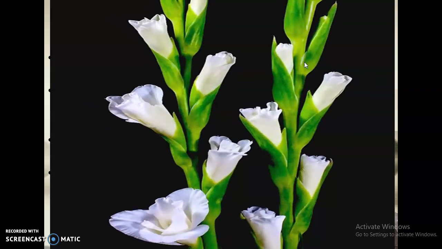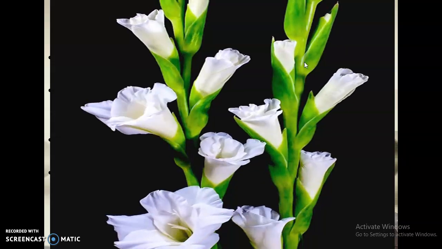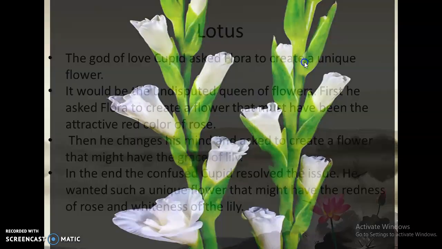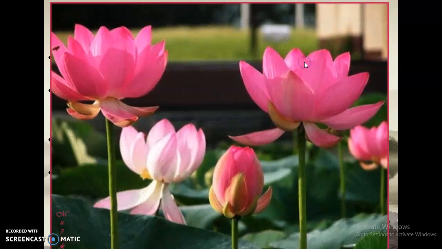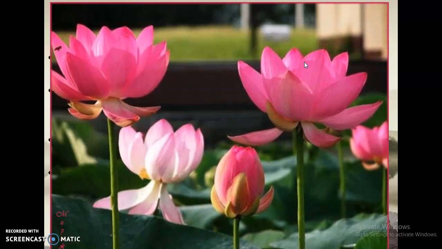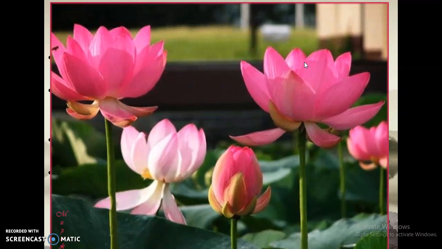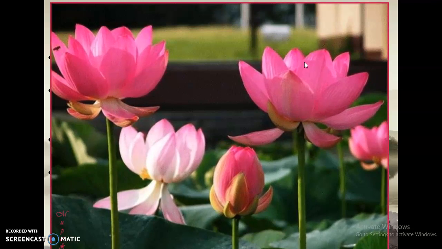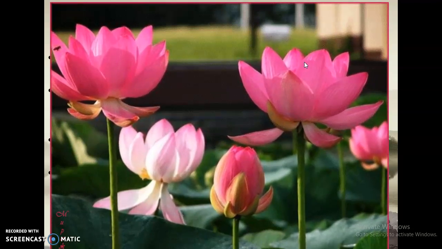First, he chooses the red color of the rose. Second, he chooses the white color of the lily. But finally, he asks Flora that he needs the fusion of both colors. And you can imagine if the red color is mixed with the white color, the result is pink. And Flora provided him the lotus. Very beautiful.